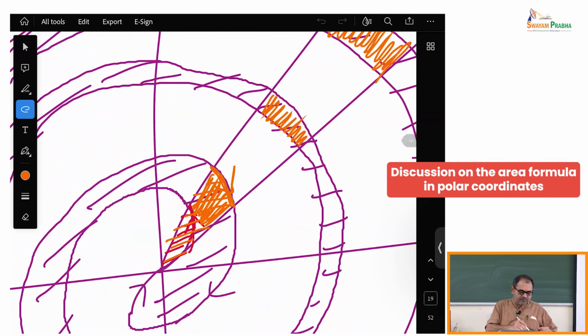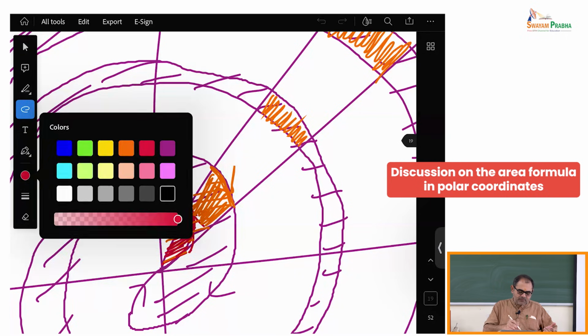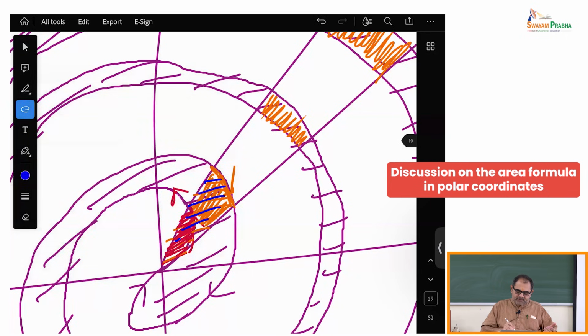This area is positive because the area is to the left of the curve. Whereas if I take this whole area, which is all of this, that is negative, because now the area lies to the right of the curve.